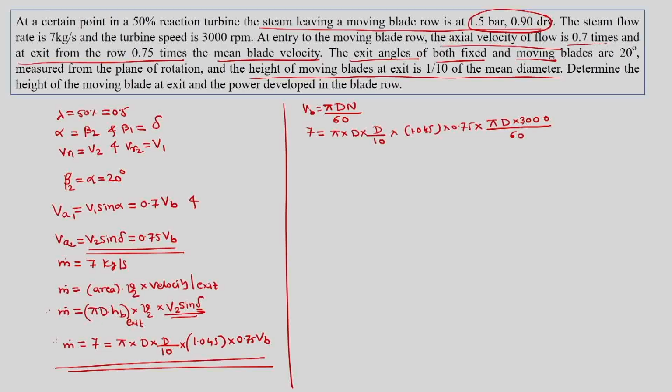So here we know everything except d, so this becomes an expression of d cube. So we get d cube as 0.1976, so we get d as 0.528 meter. So we basically got the mean diameter at the exit.